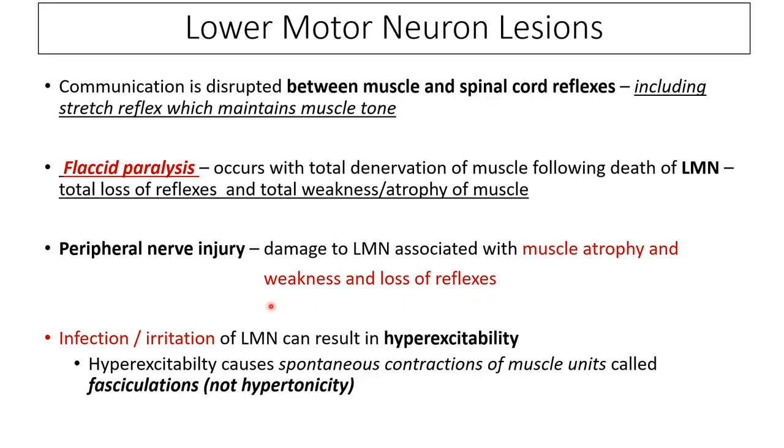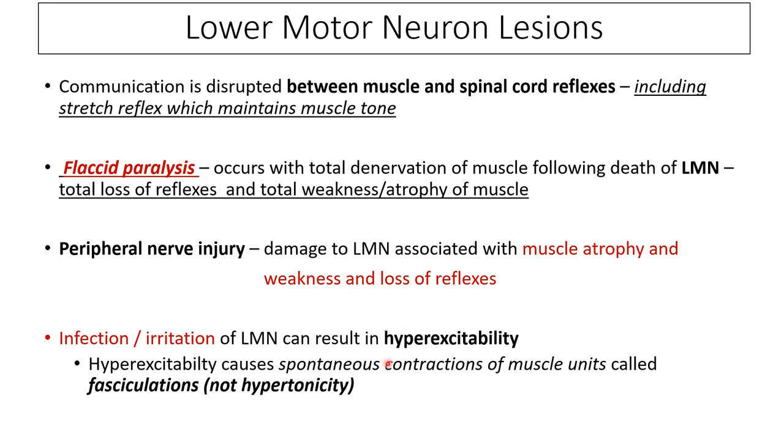We'll make a point here. What you can also see with lower motor neuron lesions, so if there is something that's irritating the lower motor neuron, the motor efferent in that spinal nerve, if there's a compression, infection, something that's irritating the nerve, it can create a state where the nerve is in a hyperexcitable state, which means that it's more easily irritated to fire or stimulated to fire.